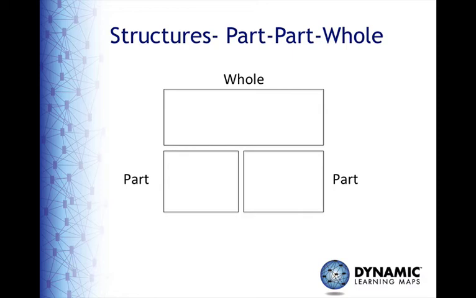Students can break apart 5 into 3 and 2, or 37 and 50 can be combined to make 87. So the problem structure possibilities are the whole is unknown, or the part or parts, if both the parts are the same size and value, are unknown.